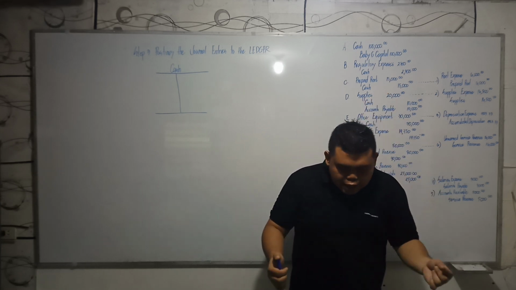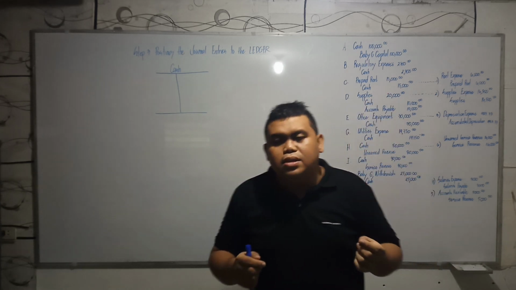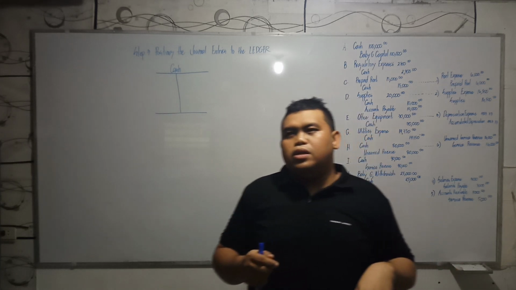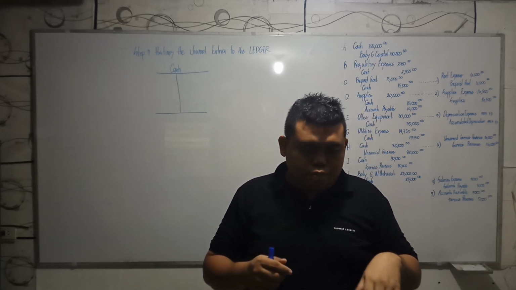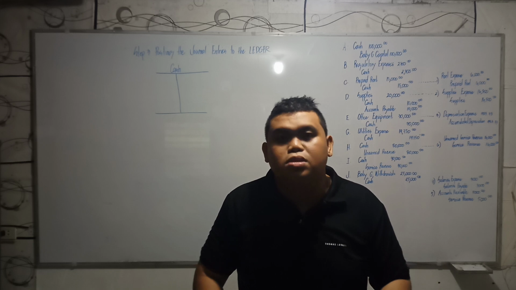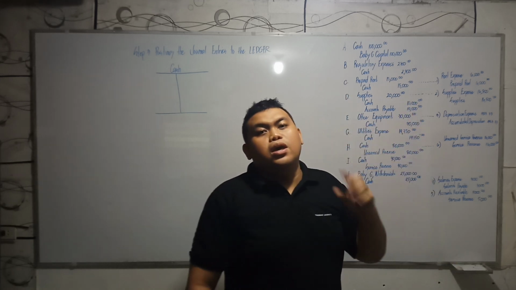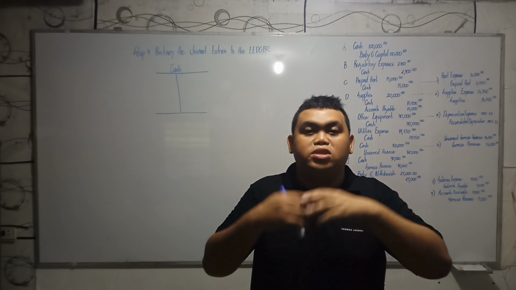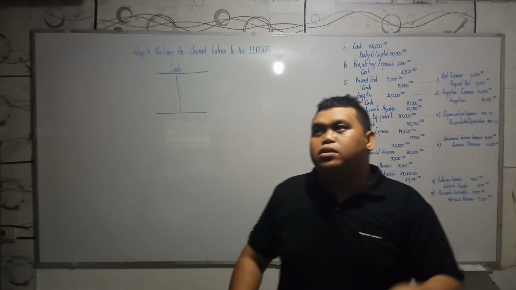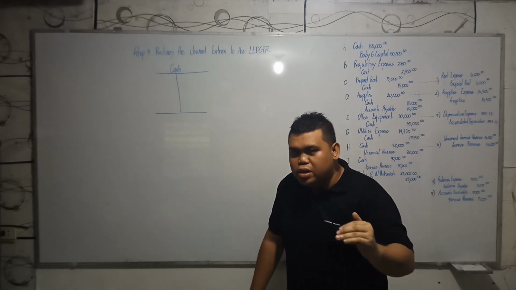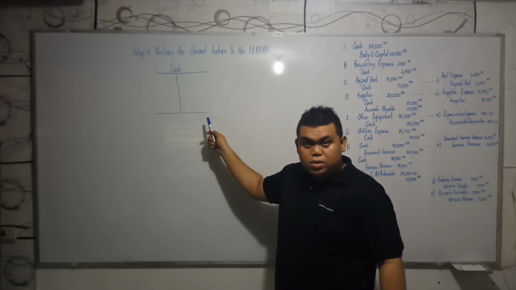But basically, theoretically, if you want to be sure that you are going to consider all of the accounts, do not base on your entries, do not base on your adjustments. You have to base on the chart of accounts list. And each of the line items there, you need to make a T account.